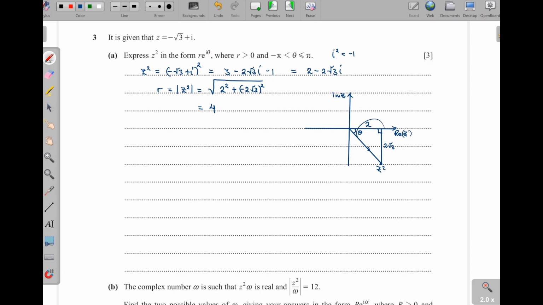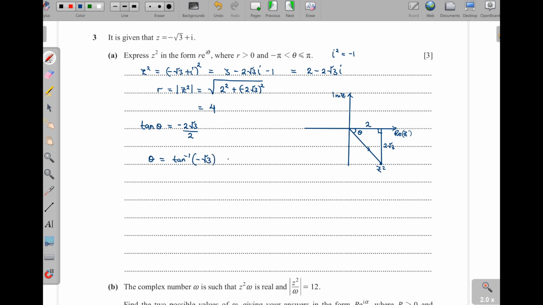Then from here, because an angle is involved and this is a right angle triangle, we can use SOHCAHTOA. So tan theta shall be equal to the opposite over the adjacent. I can even put that negative there. Then our theta is going to be equal to the arctan of minus root 3.